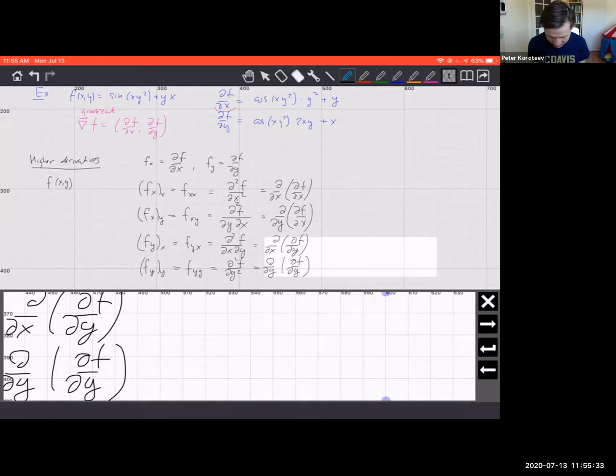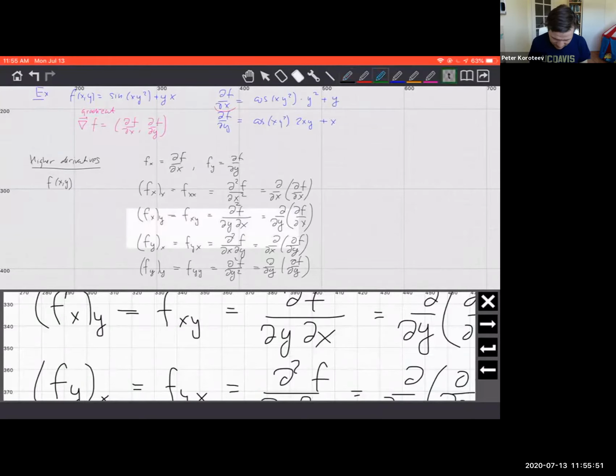So if you have functions of n variables, you'll get 2 to the n, right? You can do derivatives in any coordinates. And then you can ask yourself, because you can already see there's an interesting question. Is there any a priori connection between these two? What happens if you take a derivative over x first and then over y second, or if you take it in the opposite order?